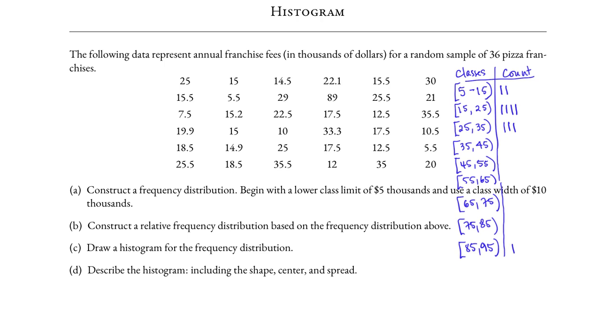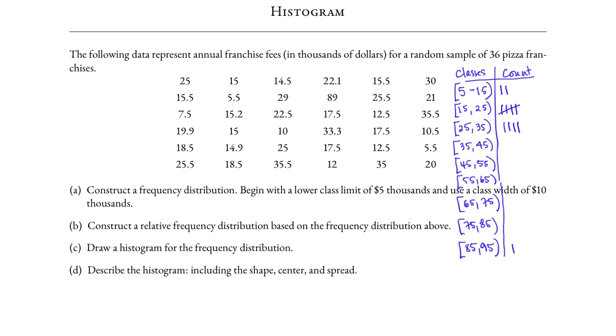25.5 is between 25 and 35. 21 is between 15 and 25. Now, if it's the fifth one, then we would just simply cross this out, knowing that that is a block of 5.